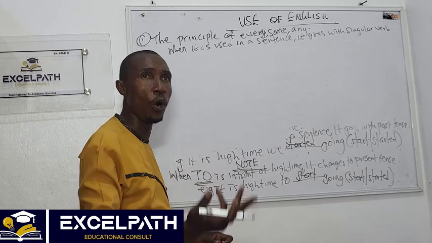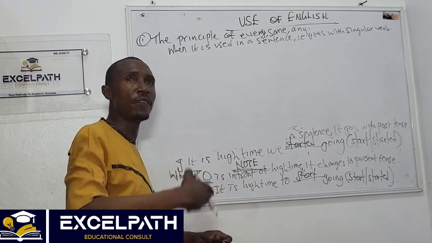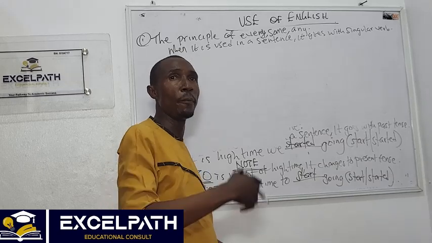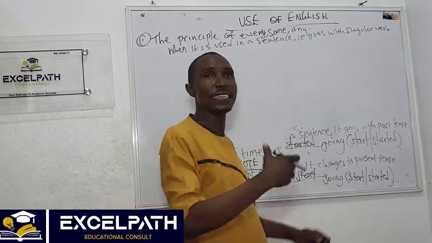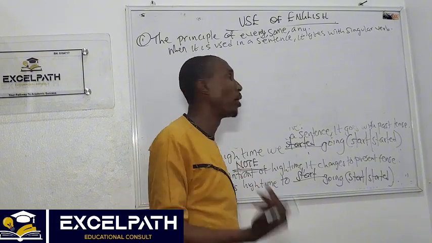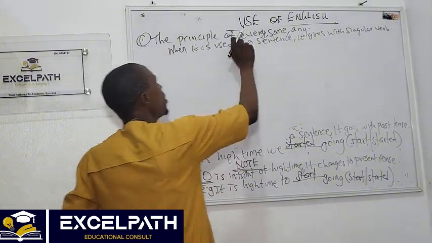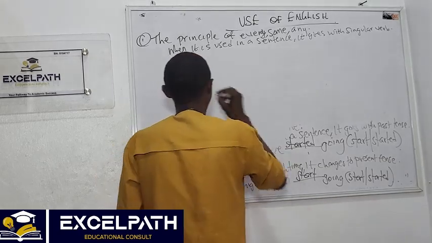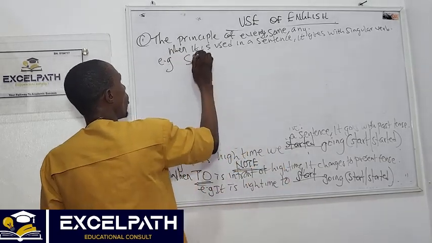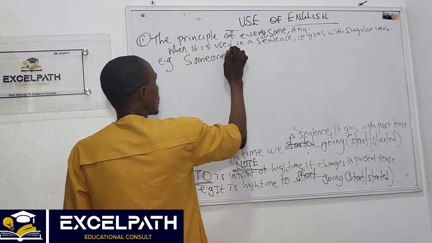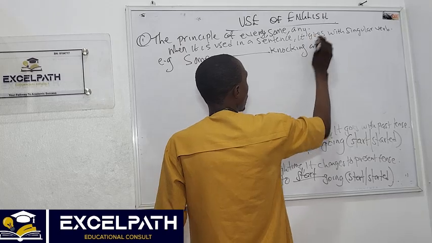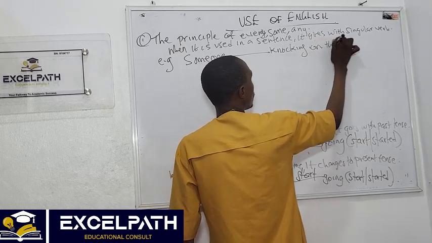Talking about everyone, everybody, everything. What do you mean by some? Something, someone, somebody. What do you mean by any? Anything, anyone, anybody. Whenever you use any of these things, just know that the verb must be singular. E.g., someone dash knocking on the door.